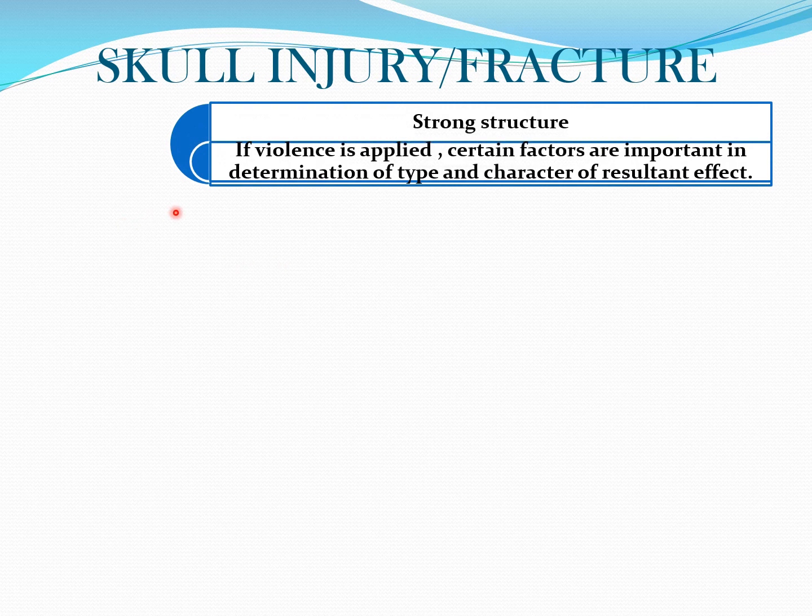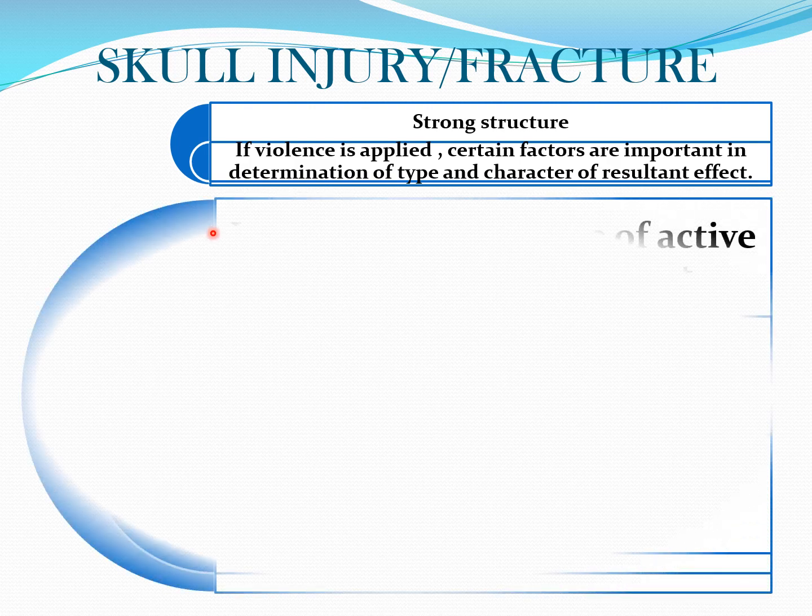Injury to the skull primarily consists of fracture, which depends upon certain factors. Though it is a strong structure, if violence is applied, certain factors are important in determining the type and character of the resultant effect, and the effect is basically the fracture.